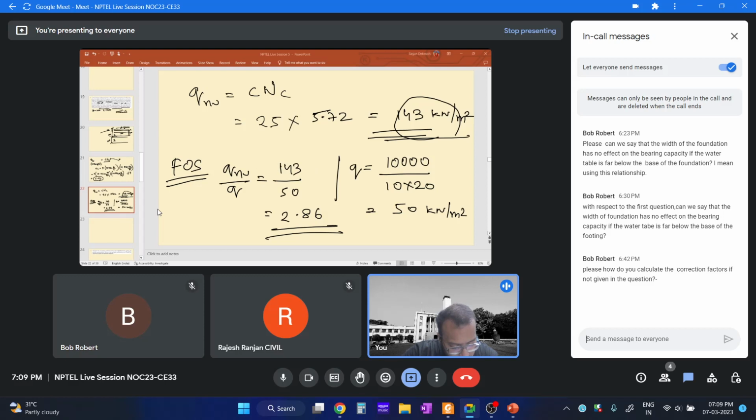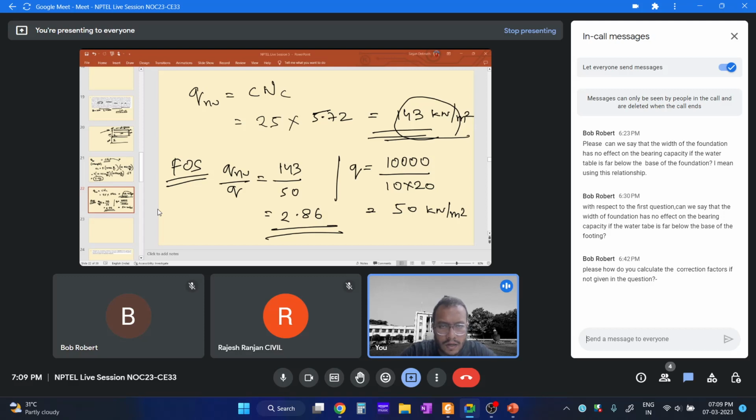So the first question is, can we say that the width of foundation has no effect on bearing capacity if the water table is far below? Yes, obviously. If the water table is below the influence zone, there will be no effect. The correction factors cannot be greater than 1, right?